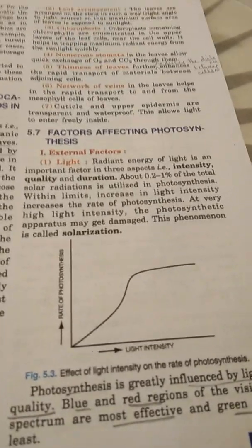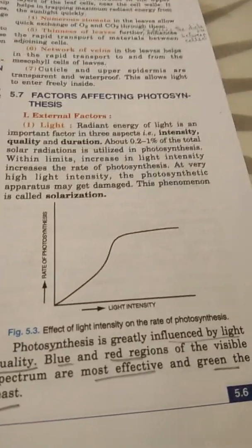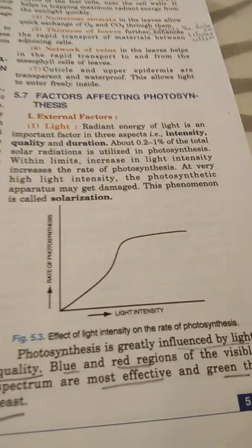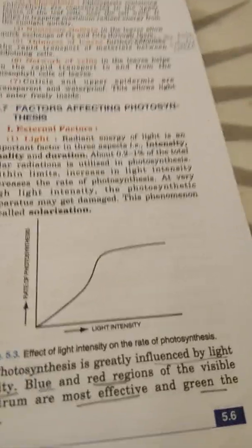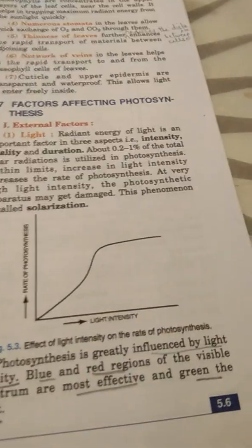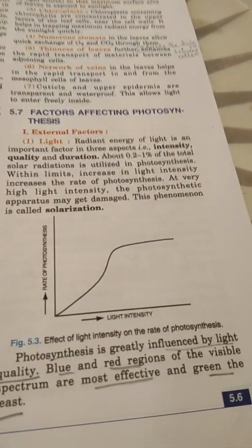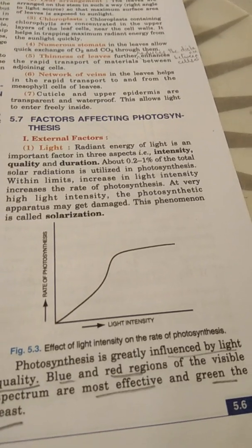Now we'll come to the factors which affect photosynthesis. It is divided into two groups: external factors, how the external factors influence the rate of photosynthesis, and then we'll see what are the internal factors which affect the rate of photosynthesis. In external factors, the first factor is light.